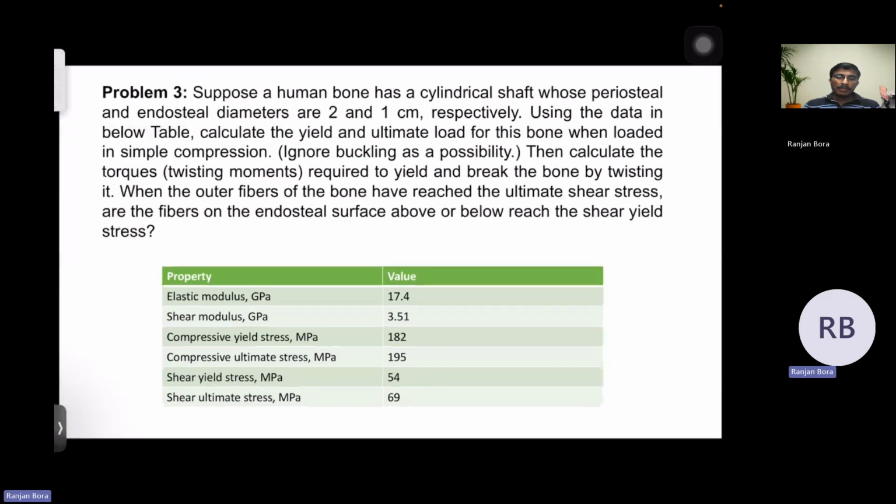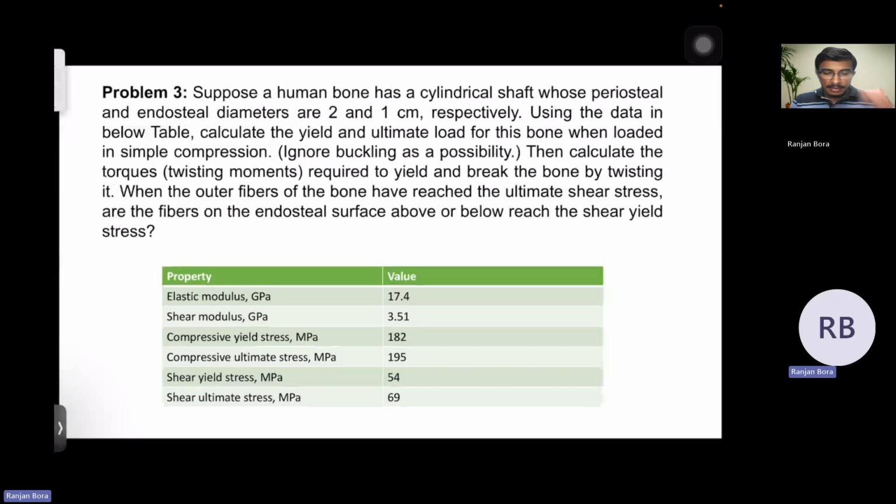So there is one more problem related to the stress-strain concept.